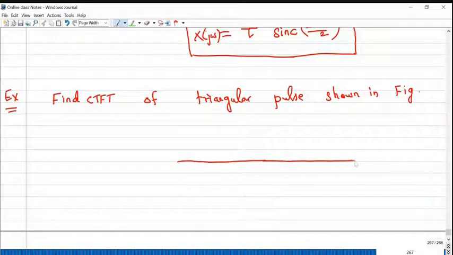Half wave rectifier output, full wave rectifier output, rectangular pulse, triangular pulse: this signal sketch you must know clearly.